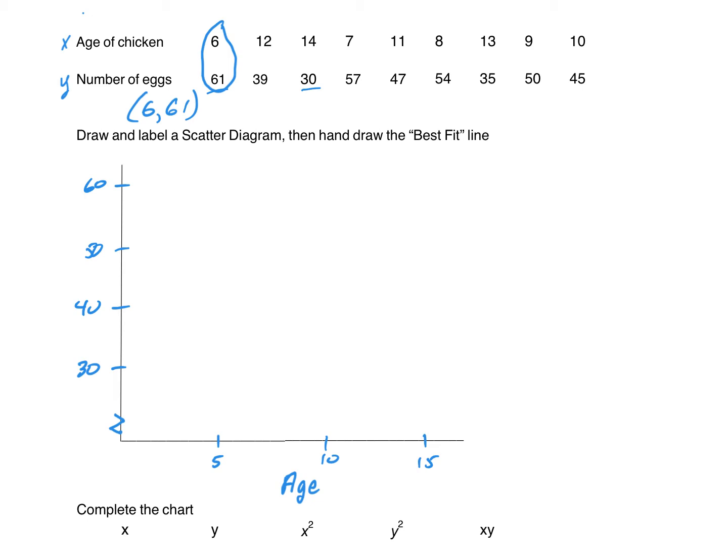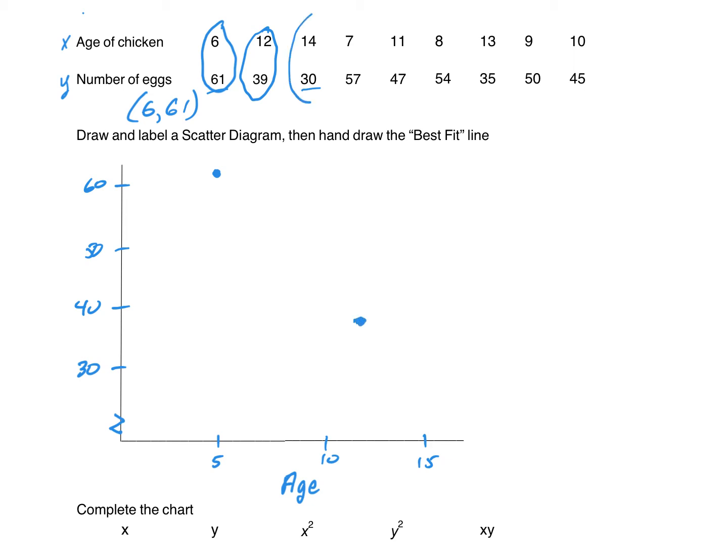And now let's start plotting points. 6, 61. So we're going to go over here to 6, and we're going to go up here to 61, and we're going to put a dot. I'll say about right here. And then we continue. Over 12, up 39.